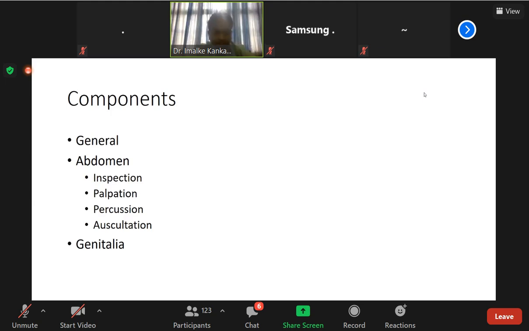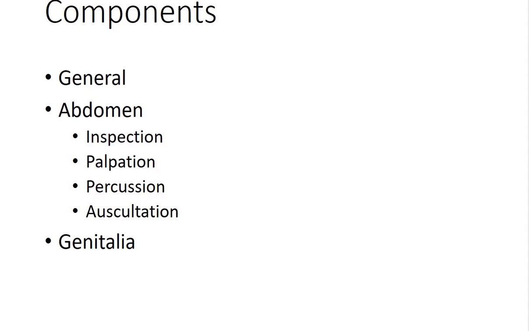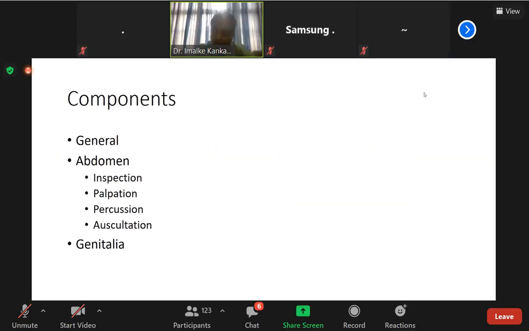So the abdominal examination can be divided into four components: inspection, palpation, percussion, auscultation. I have frequently encountered that you all don't auscultate in abdominal examinations and you don't palpate in cardiovascular system examinations. So most of these examinations need all four components.